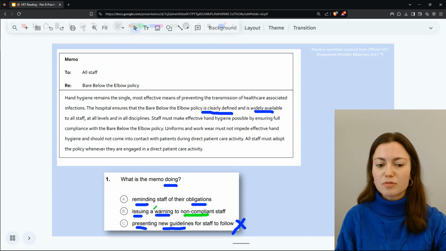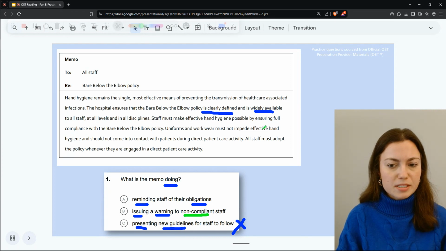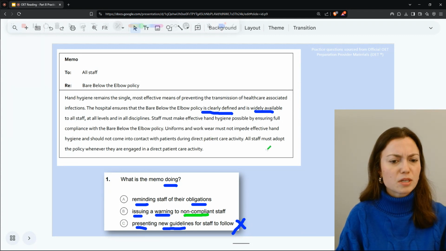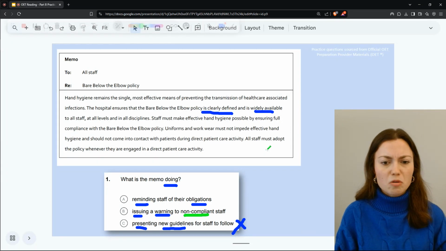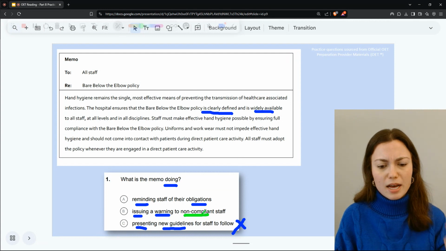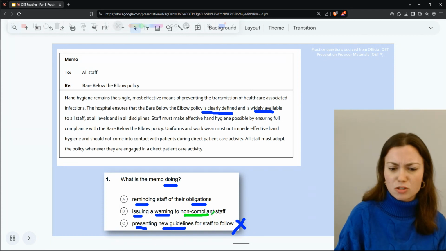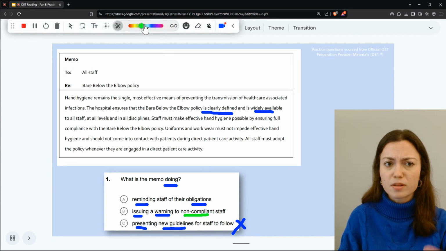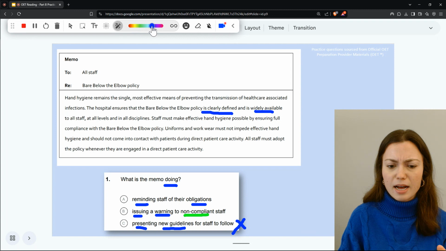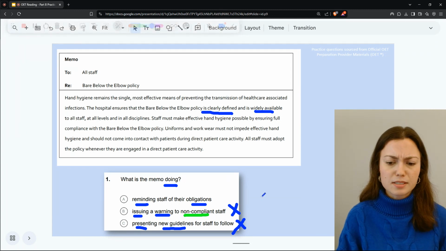So if we look here, issuing a warning to non-compliant staff, they're referencing staff and all staff, but we really don't have anything specific to those not compliant. All we're getting is instructions for what they should do or they must do. So that's something to pay careful attention to. Is it applying to everyone? Are they addressing a certain group of people? So based on that, B is also not a good fit for what the question is asking.